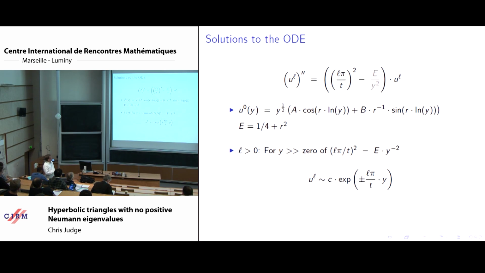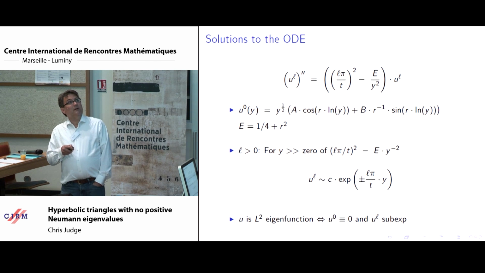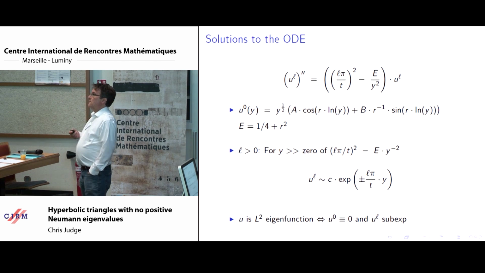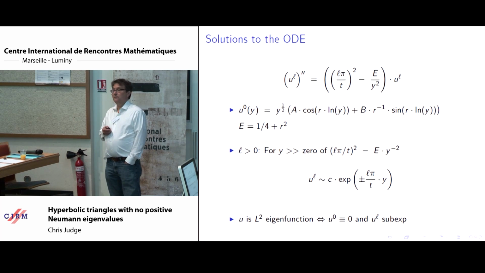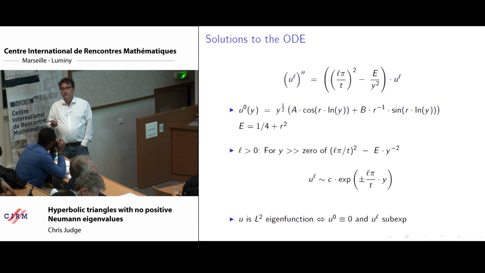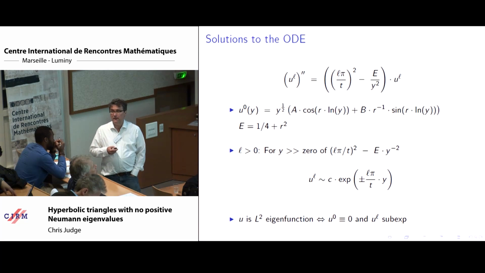Okay. So really when we're interested in L2 eigenfunctions and we look at the expansion, we need to know that UL is sub-exponential, meaning that in particular UL is like e to the minus L pi over t, so it's going to decay very rapidly. Also we need to know that U0 is equal to 0 because y to the 1/2, even though we're dividing by y squared, when I square it, I get y divided by y squared, which is 1 over y, which is not integrable as y goes to infinity.